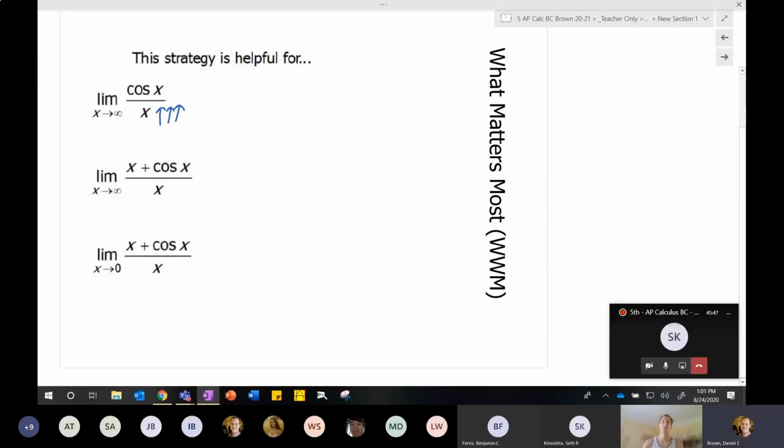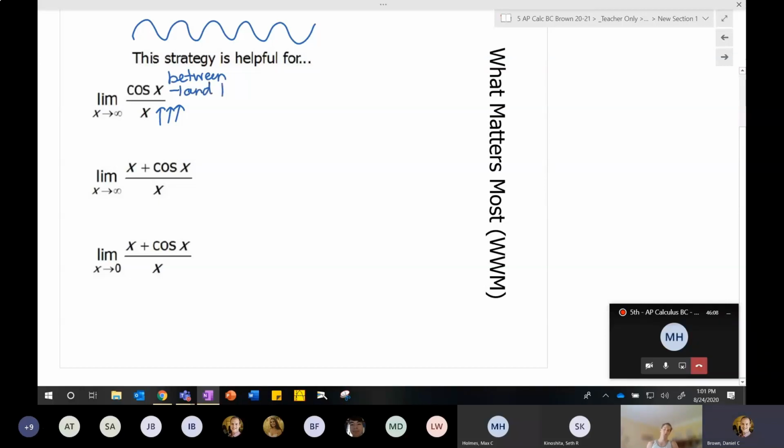Someone remind us what's happening to cosine of x as you go to infinity. It's oscillating. What's the highest and lowest value it's going to be? 1 and -1. So we know the amplitude, it's always between -1 and 1.